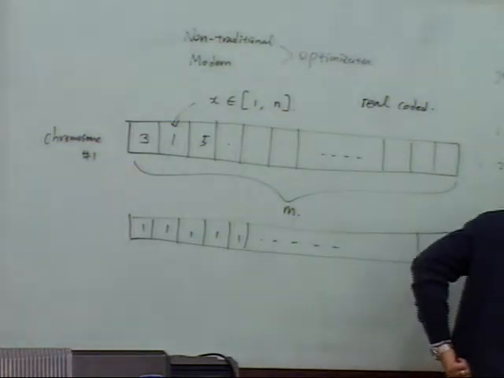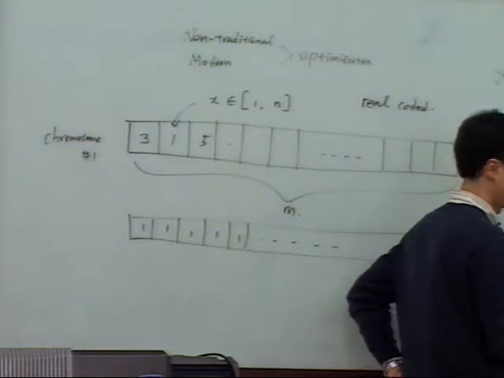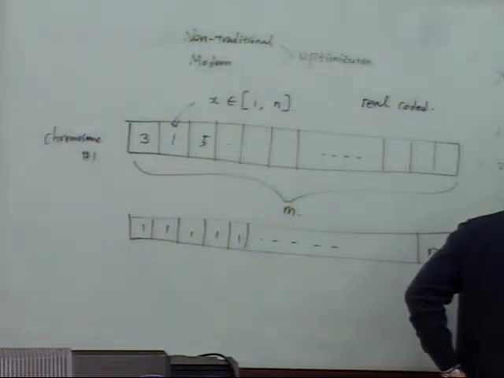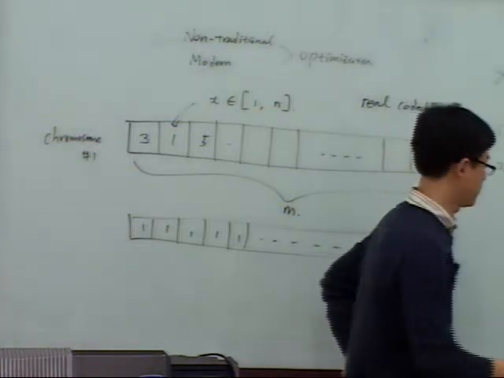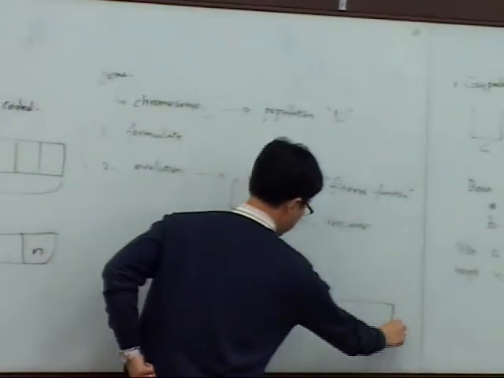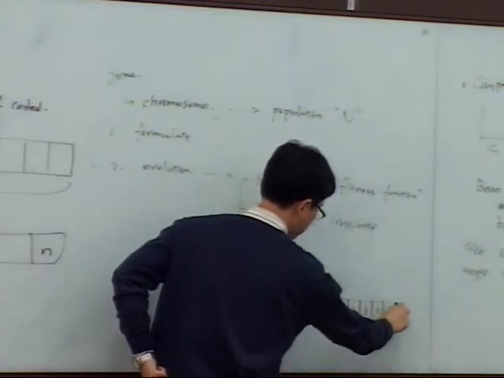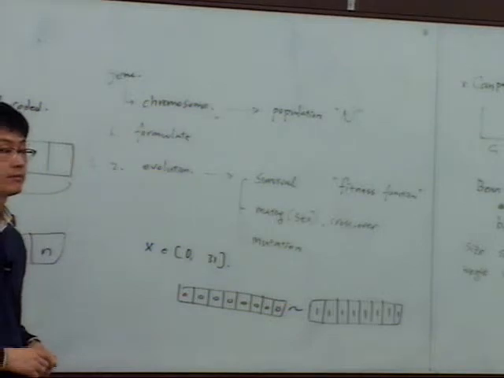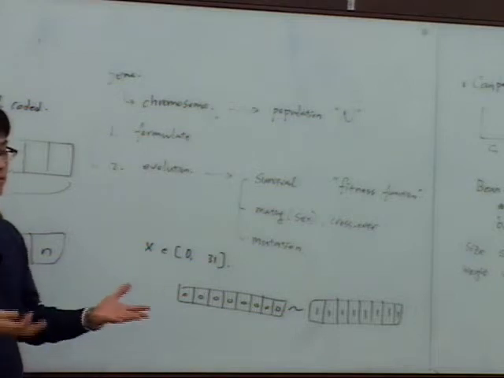And if you prefer, you can transform it into an 8 binary gene, from 0, 0, 0, 0, 0 to 1, 1, 1, 1, 1 binary gene.